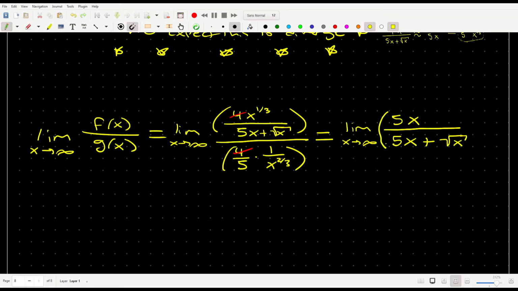And lo and behold, if we do one application of L'Hopital's rule, we will see that this limit is in fact equal to 1, which is non-zero, and it's also finite.